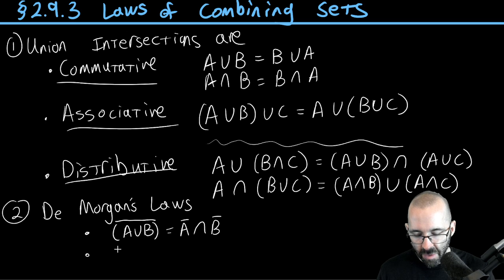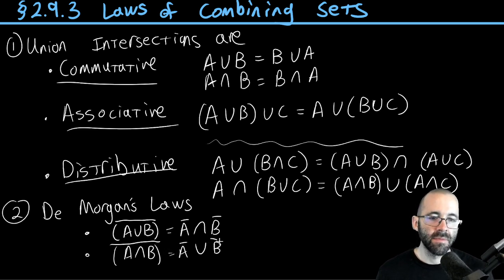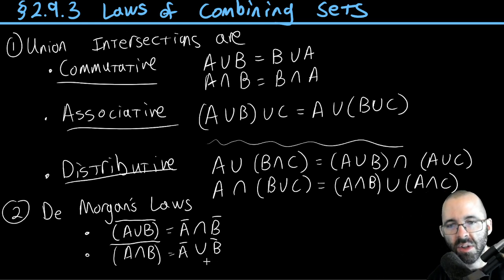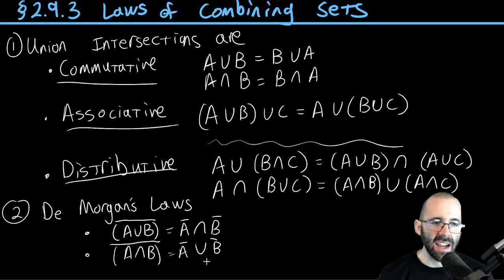Okay, and it goes the other way as well, right? Not A and B would be not A, union, not B. If you're not both, then you must essentially be failing one or the other. Those are De Morgan's laws. Useful shortcuts. Again, you don't really need to have them memorized, but they can save you time.